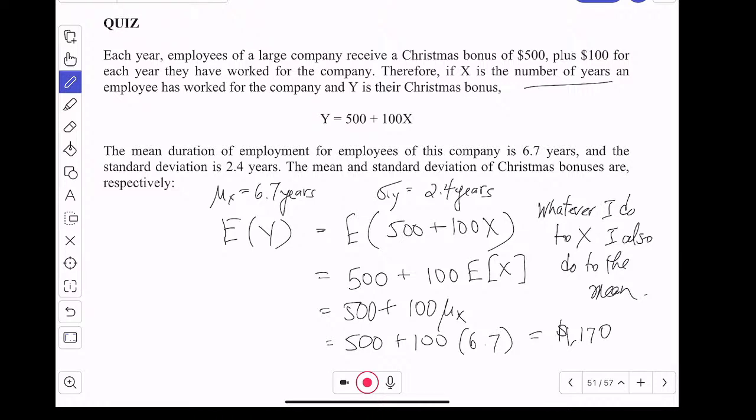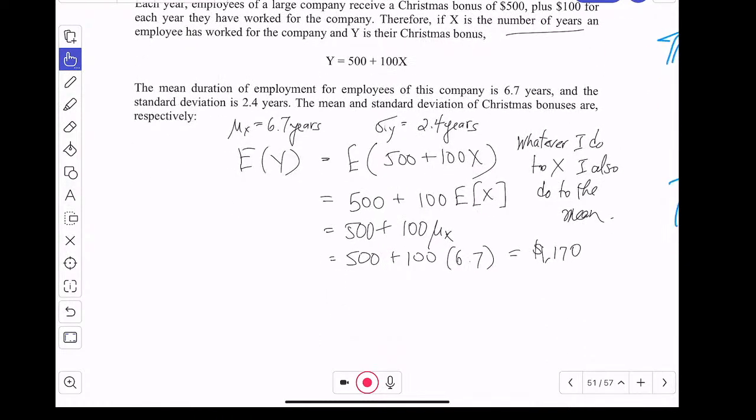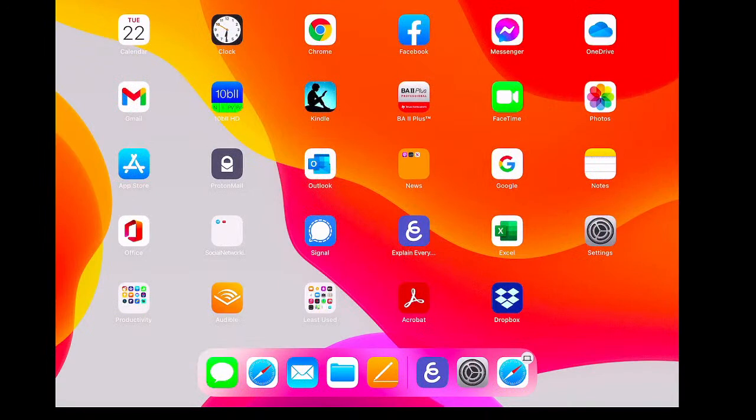And what about the standard deviation? So we're going to begin with the variance of y. Oh, something happened. My connection broke? I'm not sure why I'm buffering. Okay, I'm back.